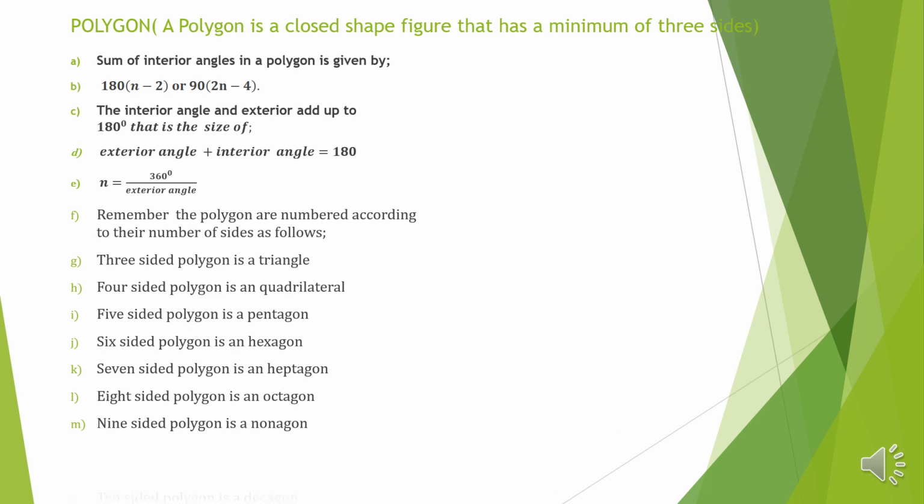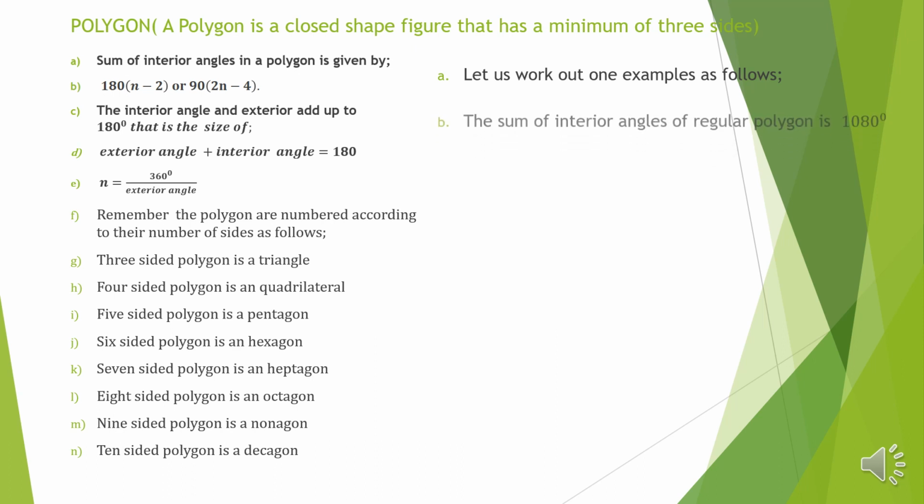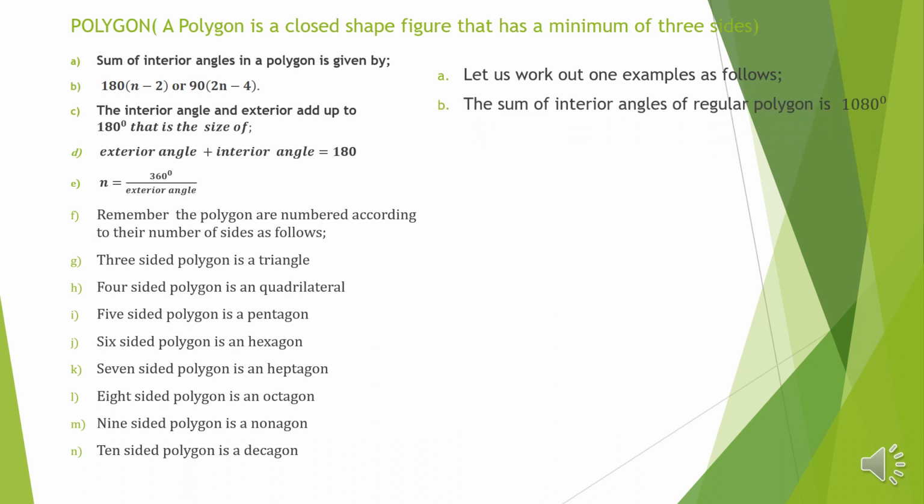Now, proceeding on, I want us to look at 1 or 2 examples of how to use this concept and how to solve some questions related to this area of polygons. The question I want us to go through is: the sum of interior angles of a regular polygon is 1080 degrees.